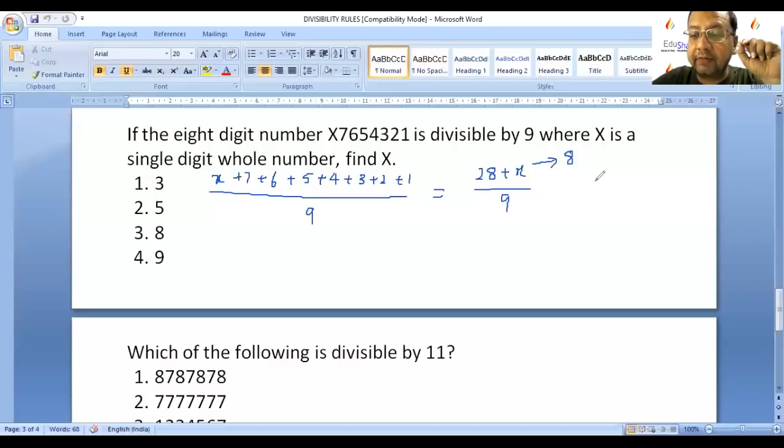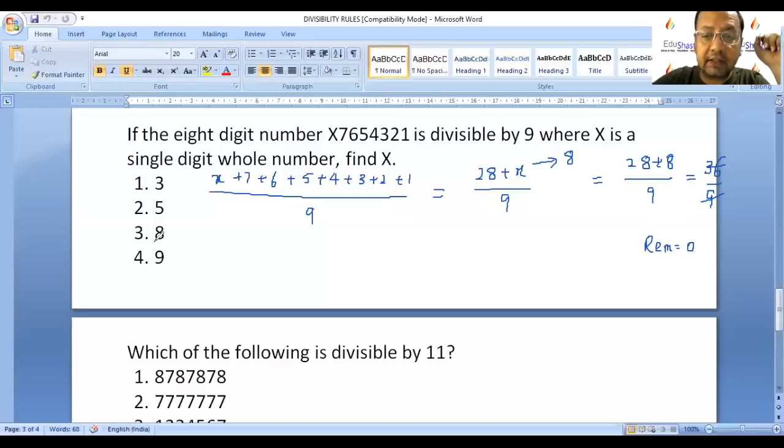If I put x as 8, this is 28 plus 8 divided by 9, that is 36 divided by 9. So it is perfectly divisible, and my remainder is coming out to be 0, right?